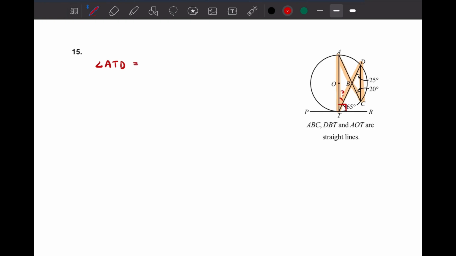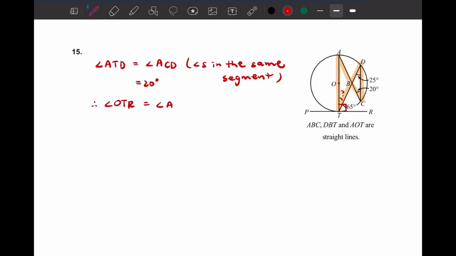So we know we're going to use angles in the same segment. ATD is going to equal to which one? It's going to equal your ACD, which is 20 degrees. So they give that 20 and 25 there just to check whether you can figure out which one is in the same segment.